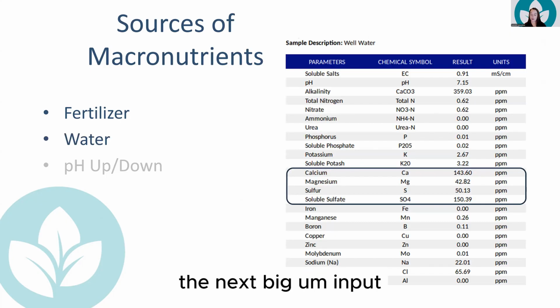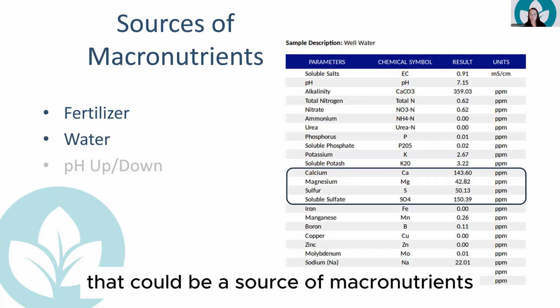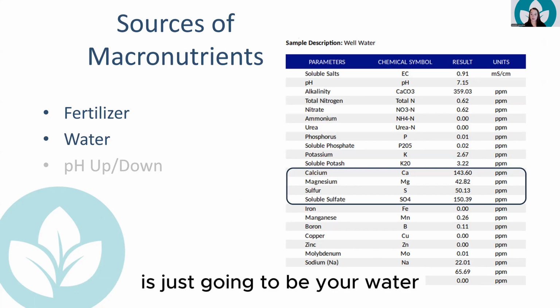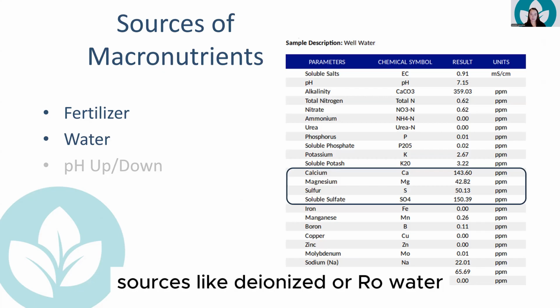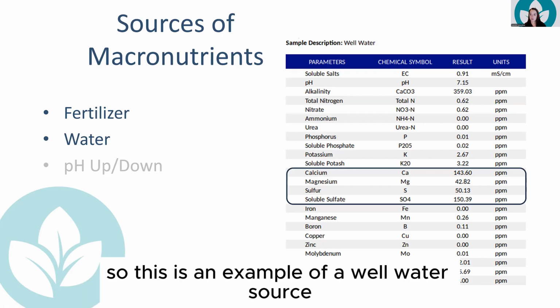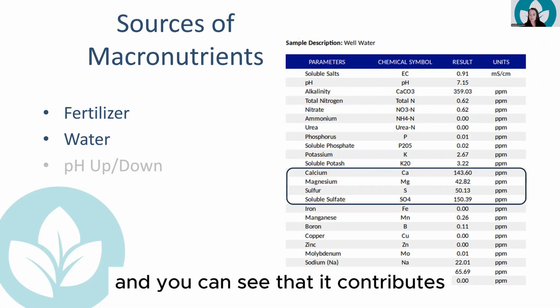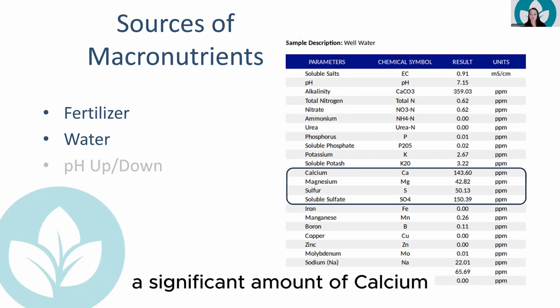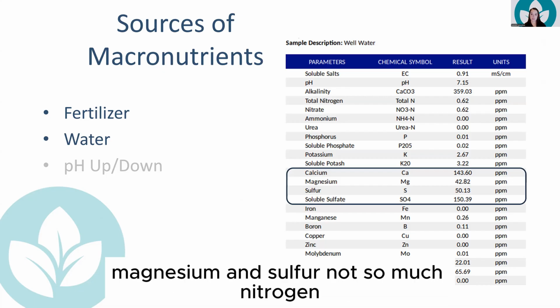The next big input that could be a source of macronutrients is just going to be your water. Lots of water sources, especially if they're not pure water sources like deionized or RO water, are going to carry with them some level of nutrients. So, this is an example of a well water source, and you can see that it contributes a significant amount of calcium, magnesium, and sulfur.